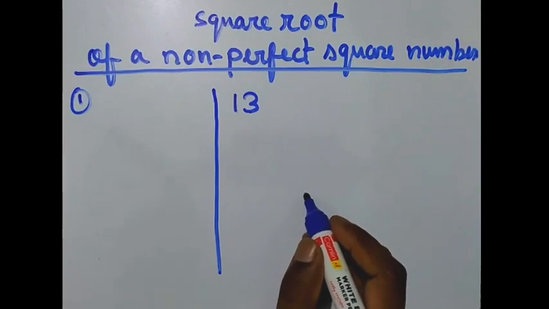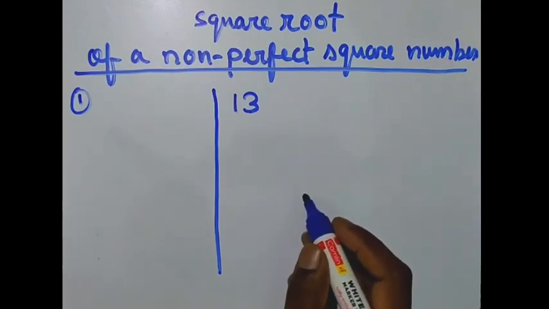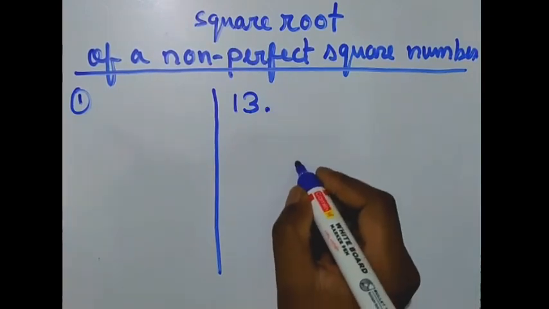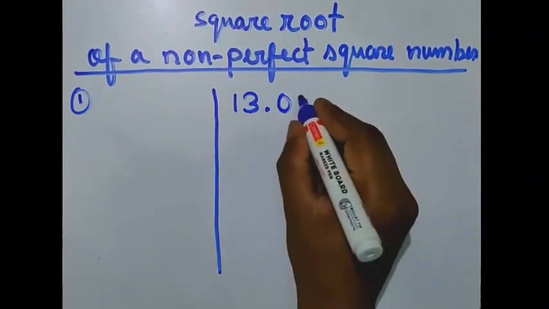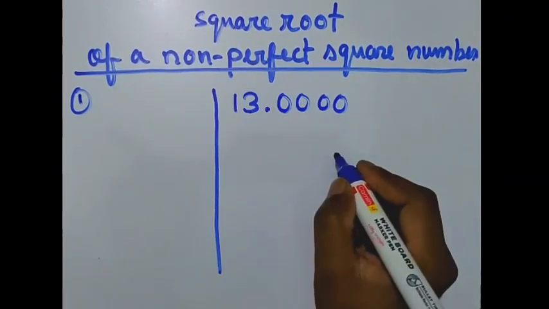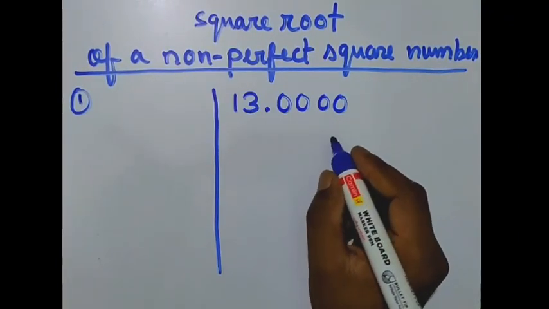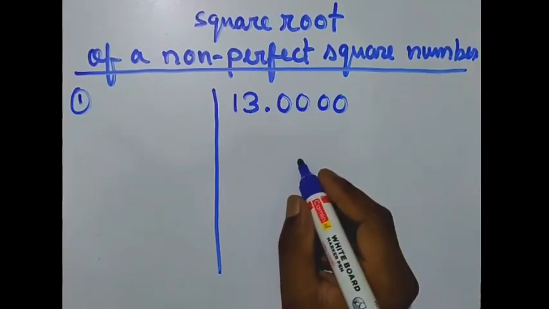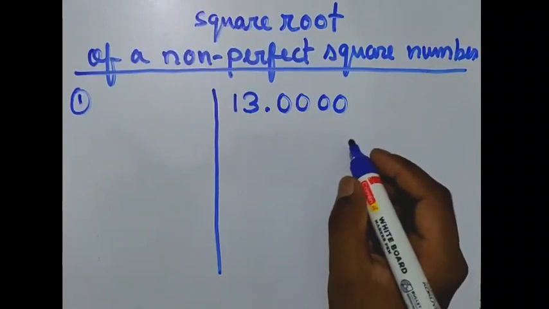So what we can do is give a decimal point and add zeros to the decimal side, because for a non-perfect square number, you will not be able to find the exact square root and the decimals will continue.